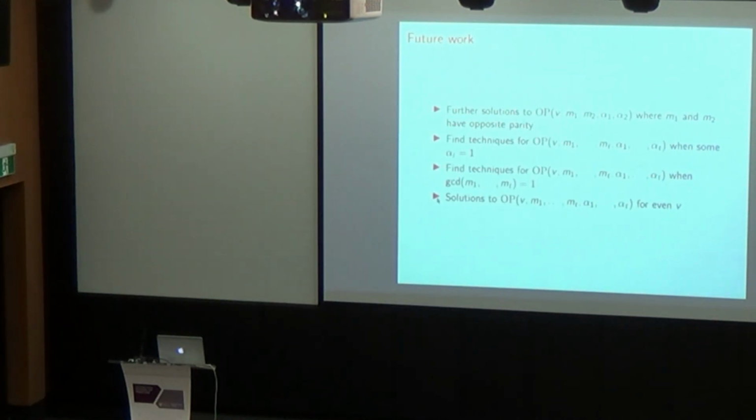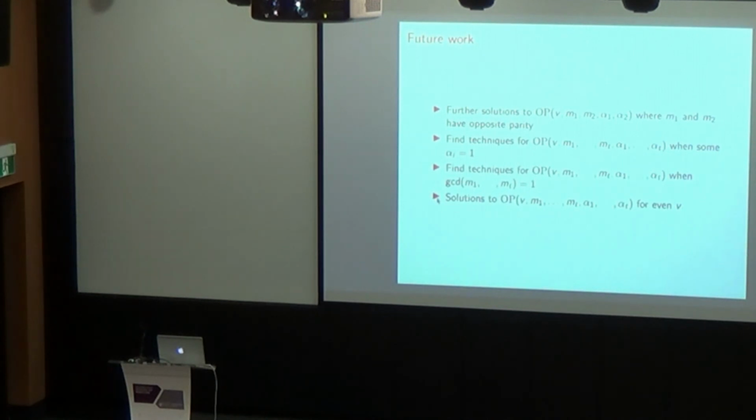So I'll just finish off with a few words about where this can go in the future. One thing we've been starting to think about recently is how to get some further solutions to the Hamilton-Waterloo problem, where the cycle lengths have opposite parity.